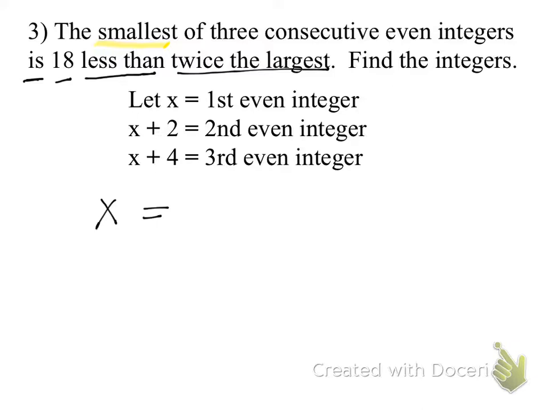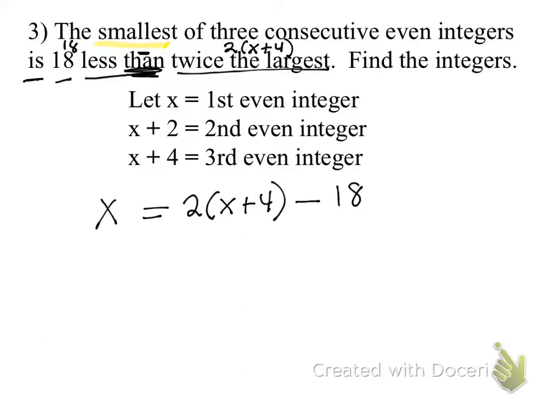Cynthia? 2 times the quantity of x plus 4. And this is 18. And there's a minus sign, but it says than. So what's this going to look like? I liked how he showed me with his hands. So Max? It's going to be 2 times the quantity of x plus 4, and then minus 18.